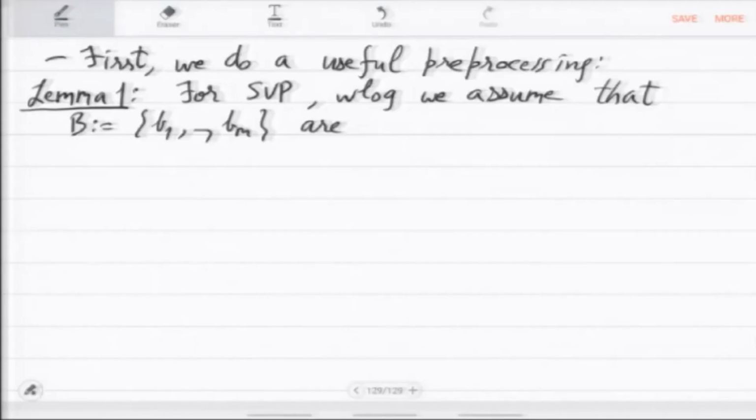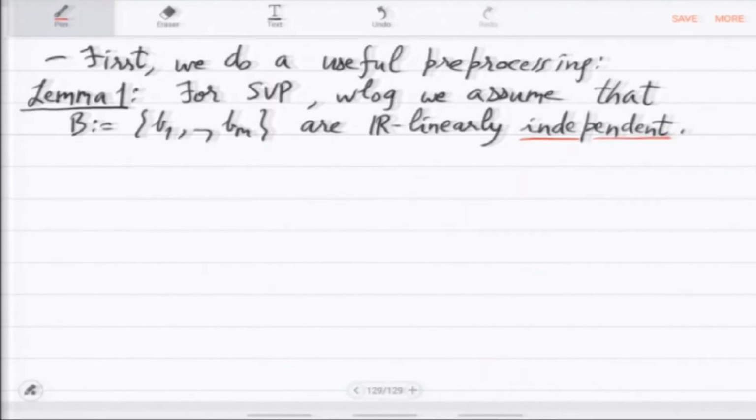So we can actually assume, and it will not change anything, that they are linearly independent, even over the reals, the real field.